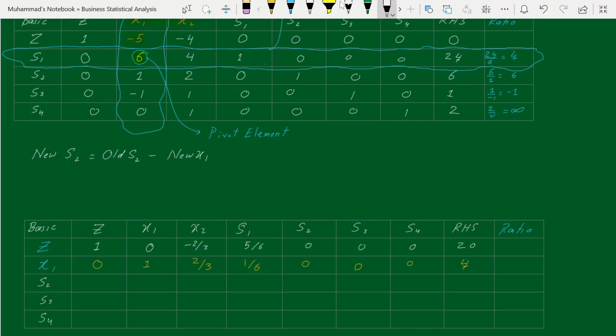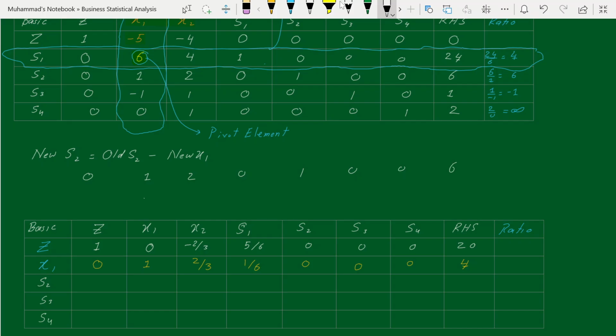Remember that we will always be performing operations on x1, that we got from dividing by the pivot element. Okay, so now first of all I will write down the old data from S2, which is 1, 0, 1, 2, 0, 1, 0, 0, and then 6.